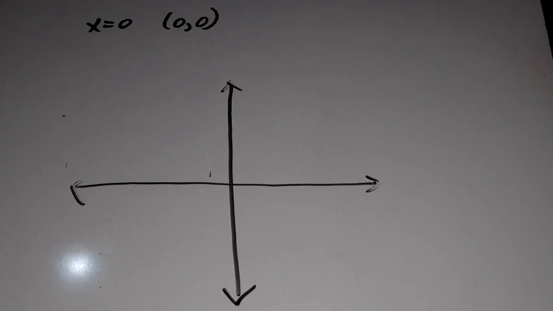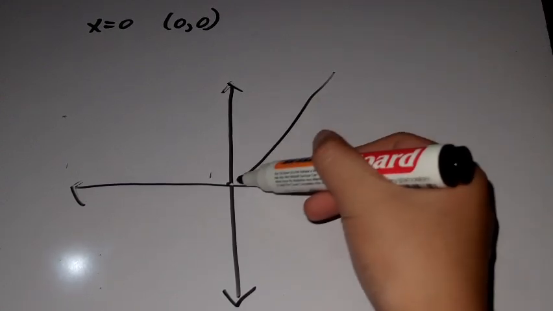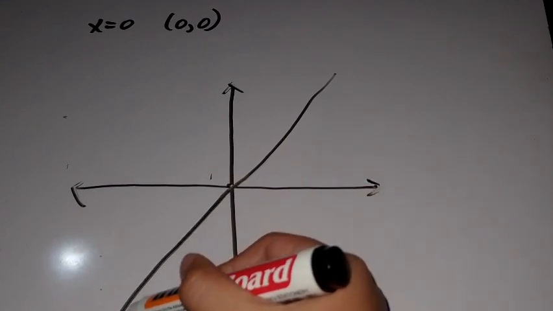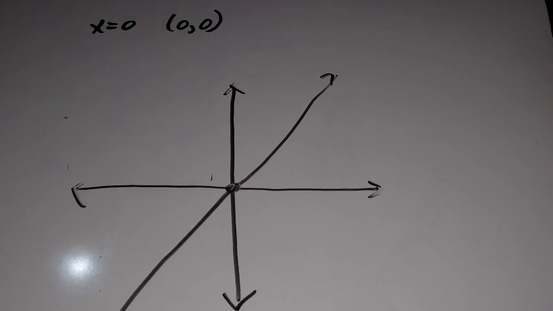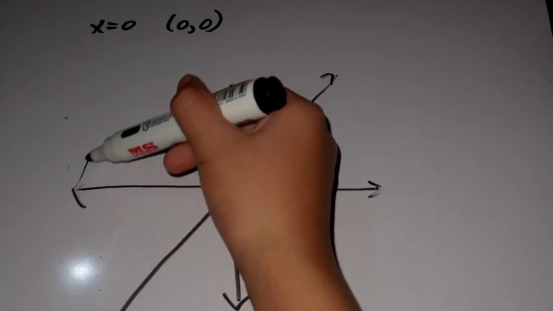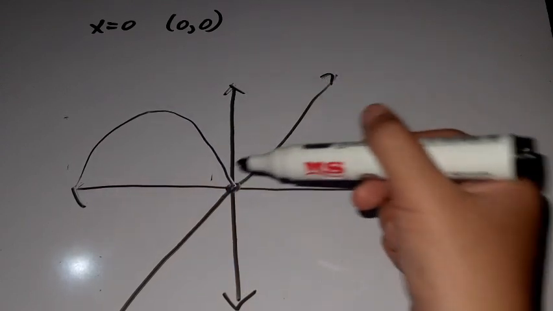Our inflection point is 0, 0. So this is our inflection point, which can be found here. And since the coefficient of x cubed is positive 1, this only means that the graph will rise to the right and fall to the left.